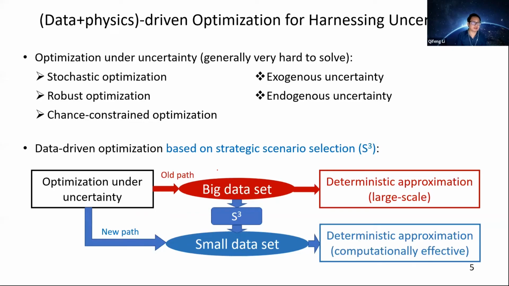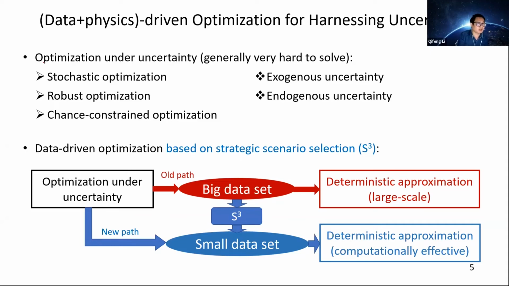So next, it's the theoretical tool that we have developed, the data plus physical driven optimization for harnessing uncertainty. Due to the intermittency, it introduces quite a lot of uncertainty to the decision making ahead of real time decision making.